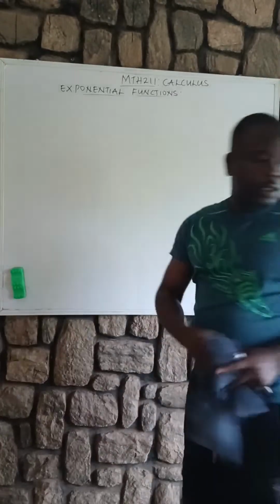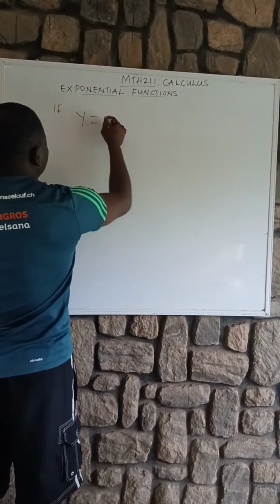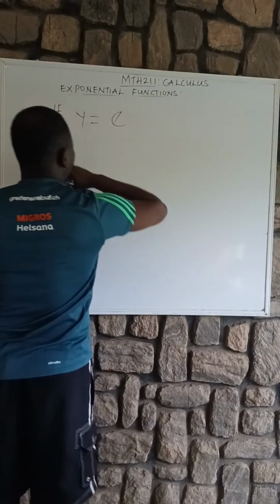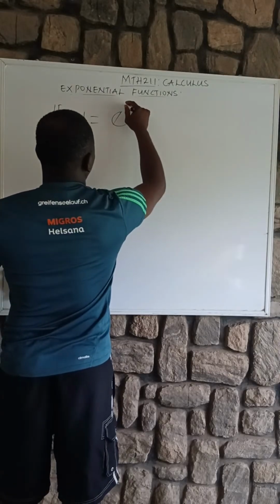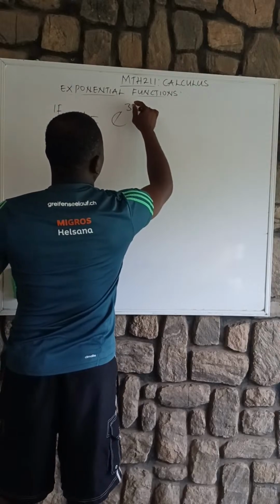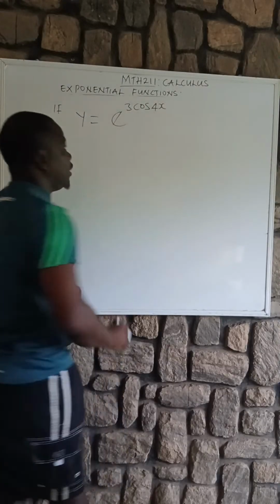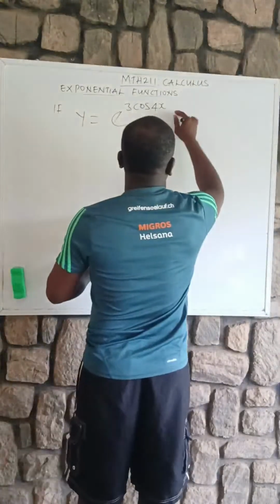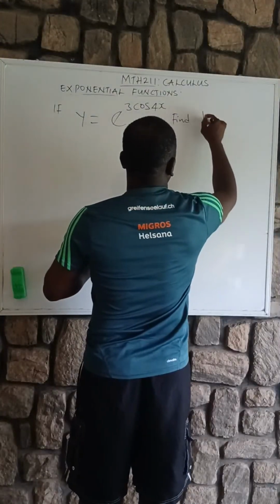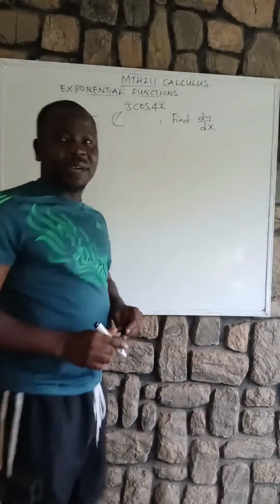Okay, so let's look at another example. If y equals exponential 3 cos 4x, and you are asked to find dy/dx.